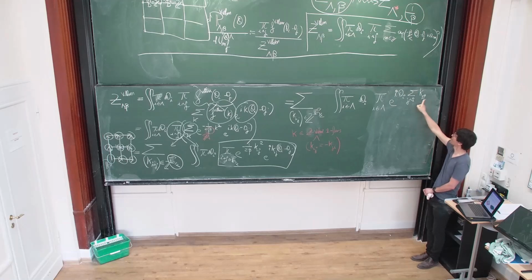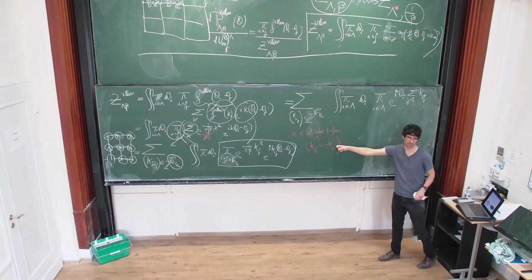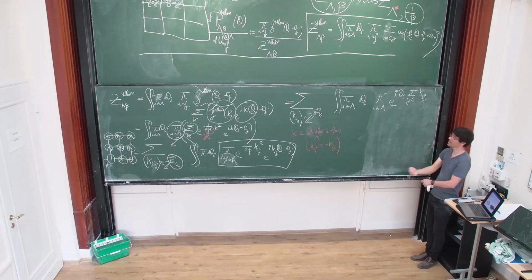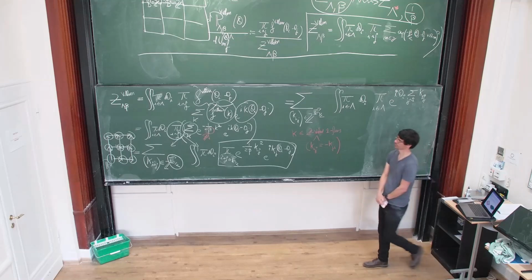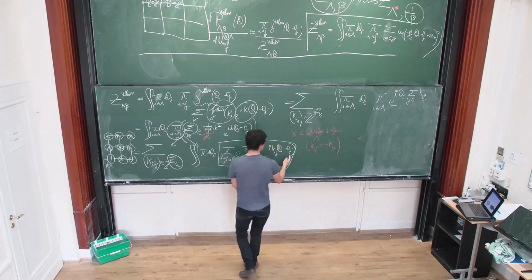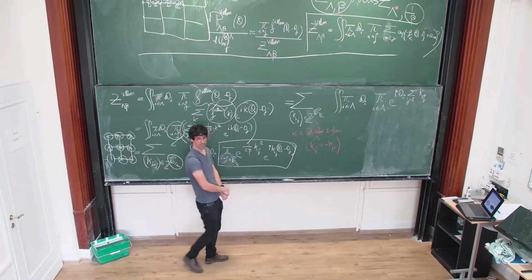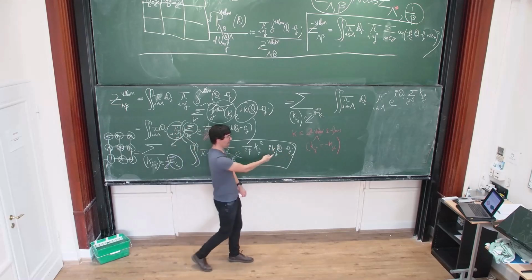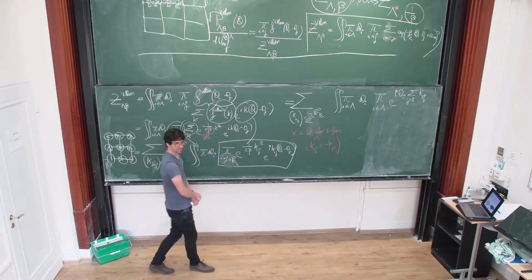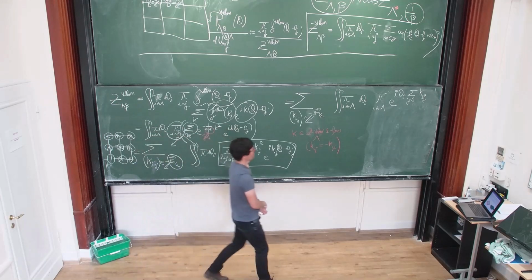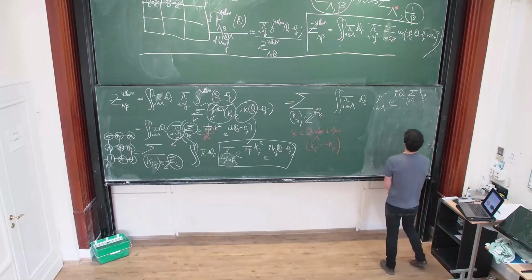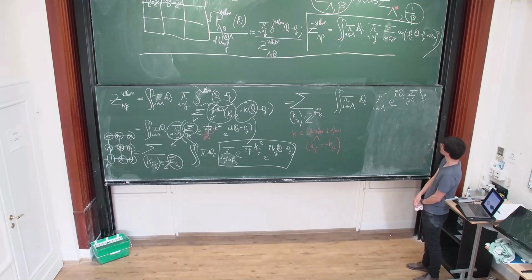Here, if ij was a directed edge in my graph, this is the k_ij. If it was not, I use this recipe to say that k_ji is minus k_ij. So for example, this one comes with k_ij times minus theta_j, which is minus k_ji times theta_j.